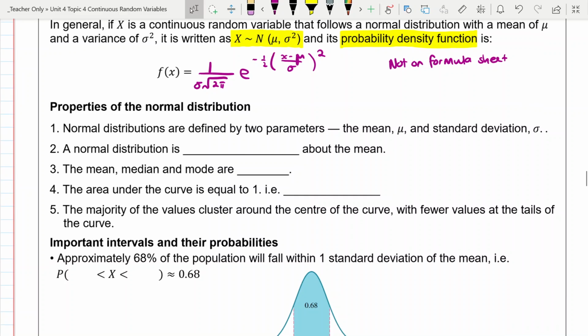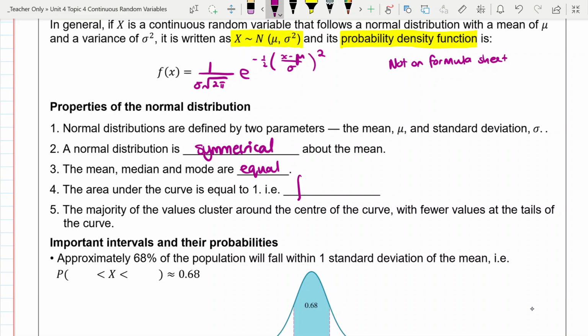Now, different properties of our normal distribution. They're defined by two parameters, our mean and our standard deviation. The normal distribution is symmetrical about the mean. Also the mean, the median, and the mode are all equal, and the area under the curve is equal to 1.